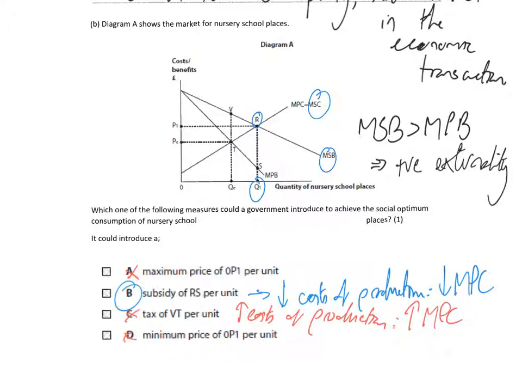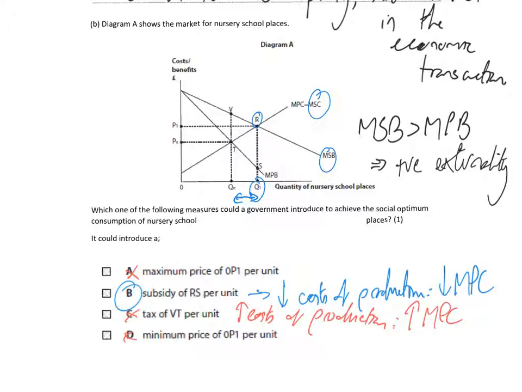In terms of the triangle of welfare gain, this is often quite a tricky area to discover. We're looking for the potential economic welfare that would exist on the units that were consumed from QE to Q1. And in the free market, those units are not consumed, and so we can't capture any economic welfare from them. If we were to successfully move the market from QE to Q1, the way to think about those units and why they're desirable is that for all of those units up to Q1, the marginal social benefit is greater than the marginal social cost.